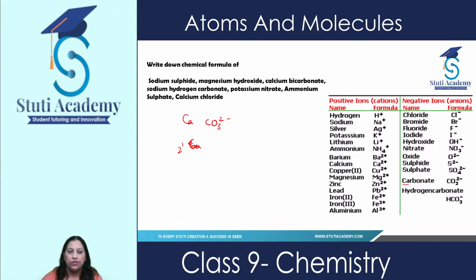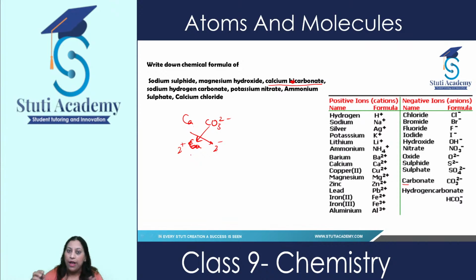I'll write 2 plus. And then take carbonate, not bicarbonate. Then CO3 is 2 minus. Now look at this example, it is very important. See, calcium carbonate. Calcium is 2 plus and carbonate is 2 minus.